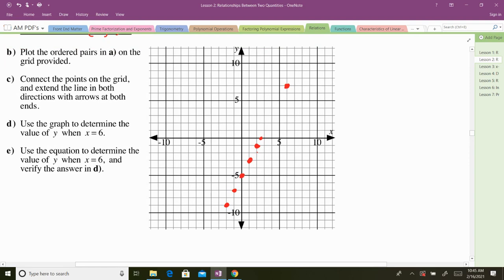And you should get something that looks like that. Do we get it? Now, connect the points, please.